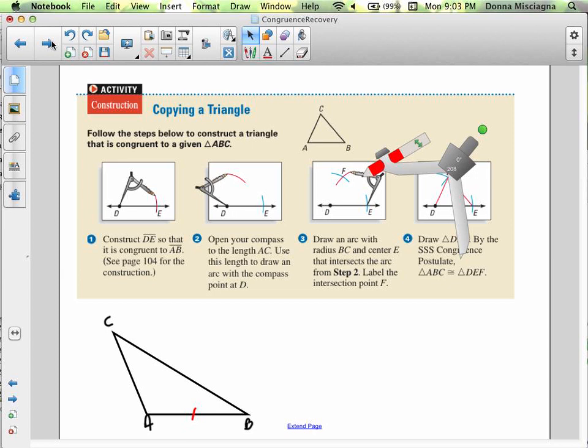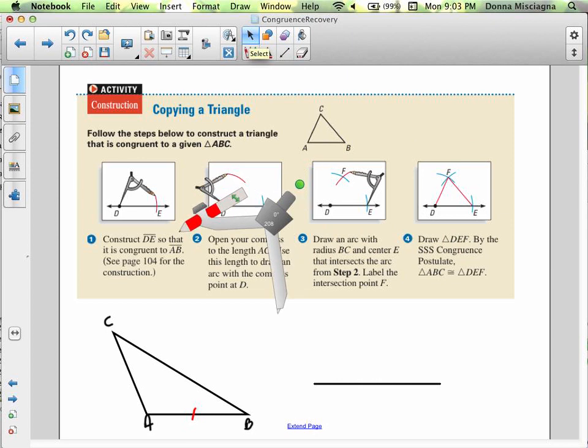The first segment is easy to copy because we just have to copy a segment using the same construction rules that we learned back when we were learning constructions. The first step is you need a segment to copy the segment onto.